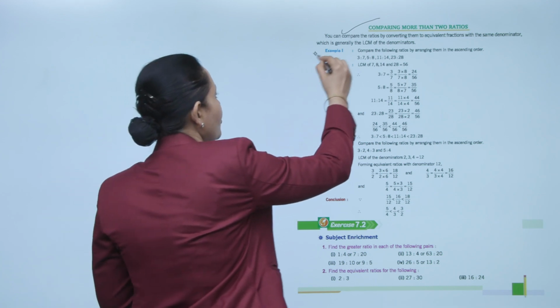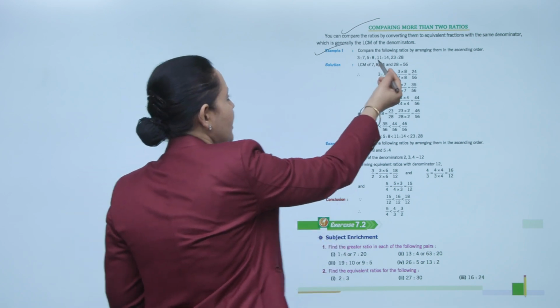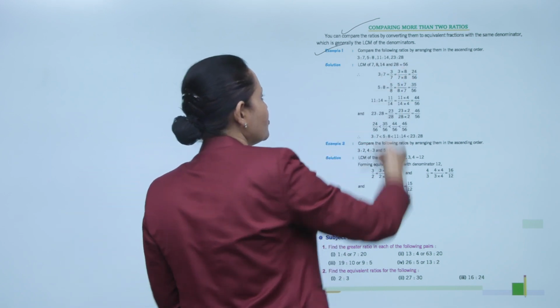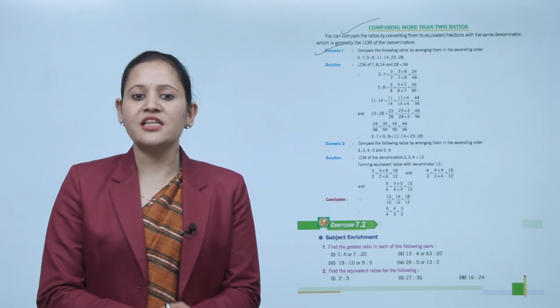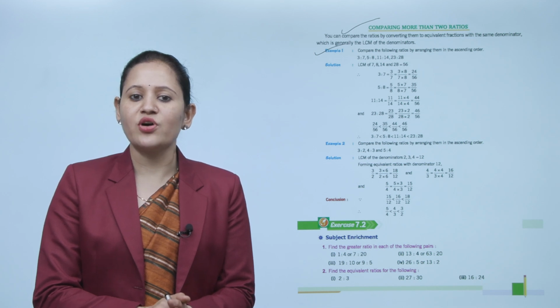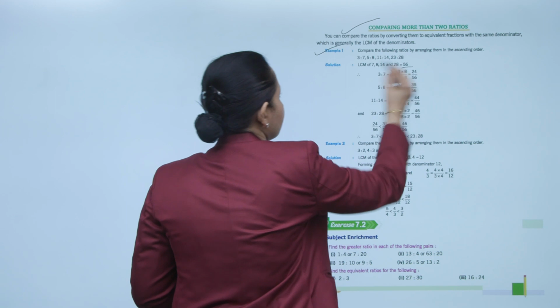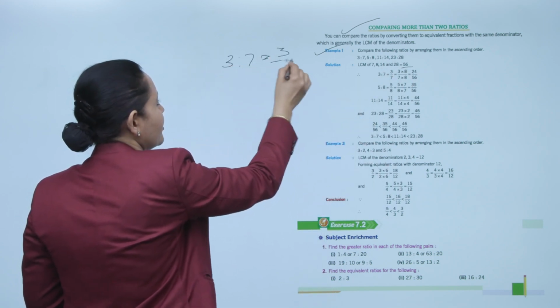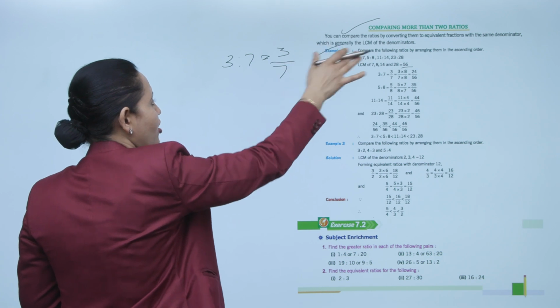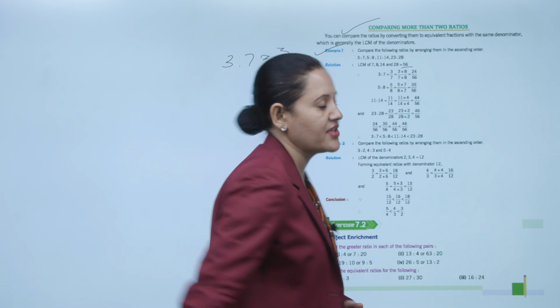Our ratios are 3:7, 5:8, 11:14, 23:28. First we'll take the LCM of 7, 8, 14 and 28, that is 56. 3:7 we'll write as 3/7. Like this we'll write all the ratios and take the LCM of the denominators. So here it is 56.